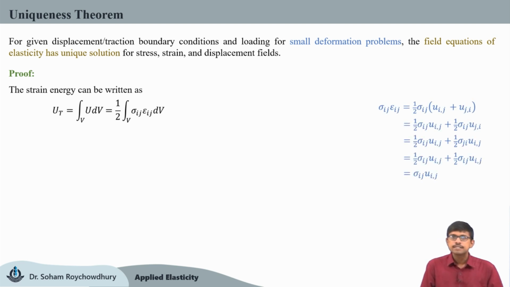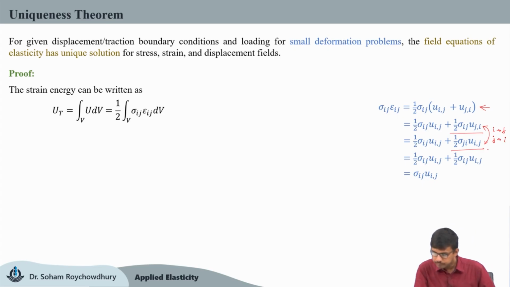Now, we can write sigma ij epsilon ij as half of sigma ij times ui comma j plus uj comma i, using the strain displacement relation. Writing epsilon ij in terms of the displacement components, we can write this particular equation. Now, expanding it into two terms, and then in the second term interchanging the dummy indices i and j, we would get this. In the second term, we are interchanging i to j and j to i only in the second term.